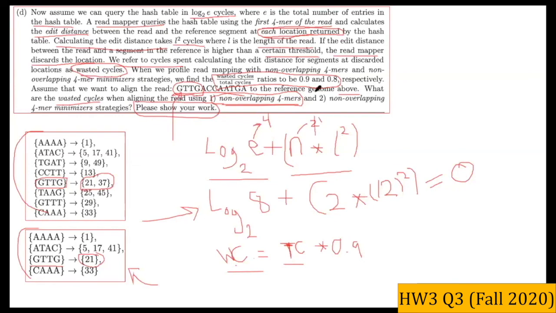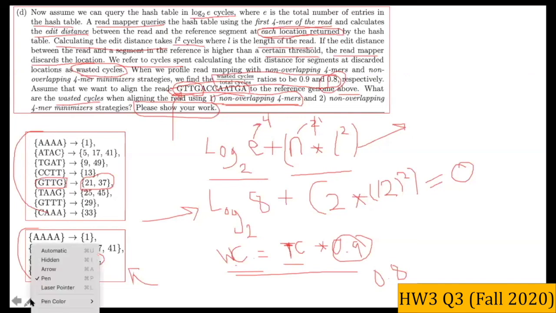And L should remain the same because we are using the same read. So we can directly apply this equation and then calculate the WC, or the wasted cycles, using this equation, but the 0.9 here would be 0.8 as given by the question. You can see it here. I hope this is very much clear.